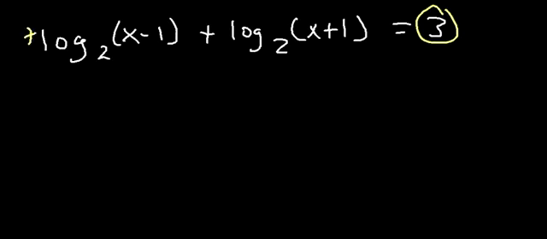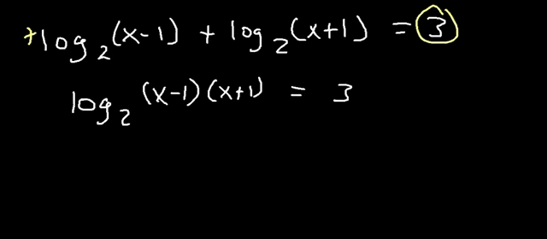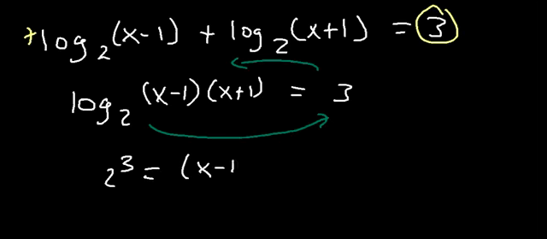And because they both have a positive sign in front of them, it's going to be multiplication instead of division. So it's log base 2 of x minus 1 times x plus 1 is equal to 3. So now we can convert it back to its exponential form. 2 to the third power is equal to what's inside. So 2 to the third is equal to x minus 1 and x plus 1.